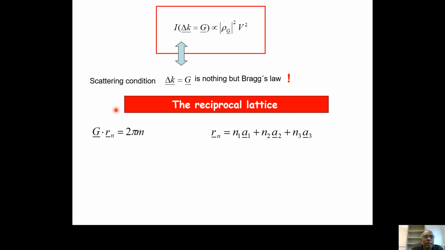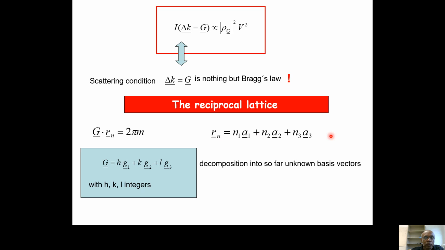So this is, like I said, G dot Rn, where Rn is the real space lattice vector. You can translate any lattice point to another lattice point by this, because n1, n2, n3 are integers. G, the reciprocal lattice vector, we write with integers h, k, l as G1, G2, G3.